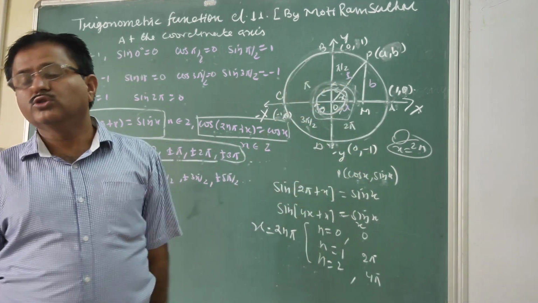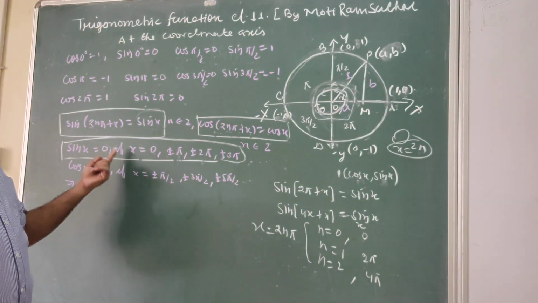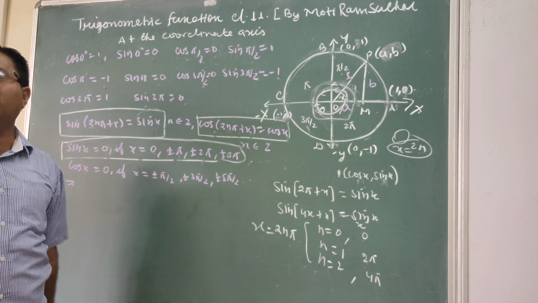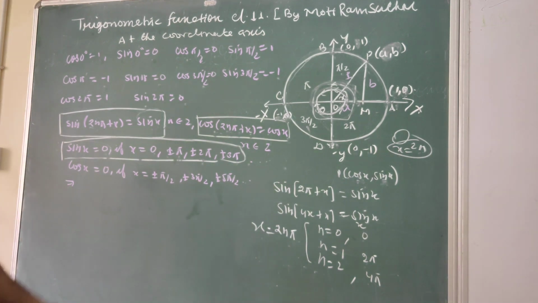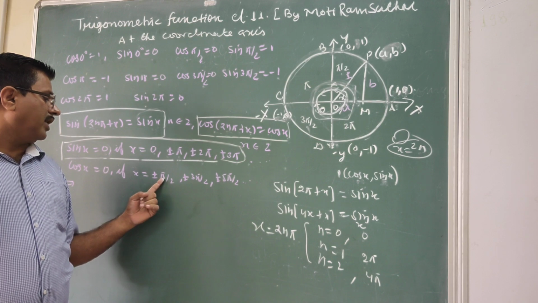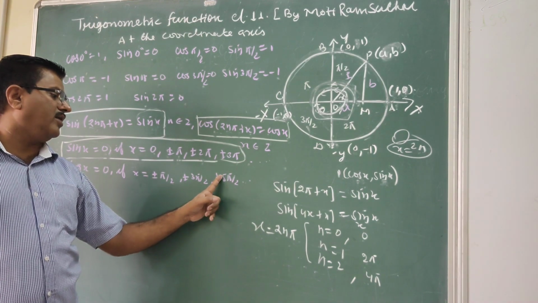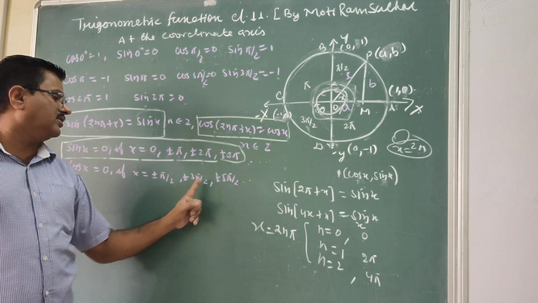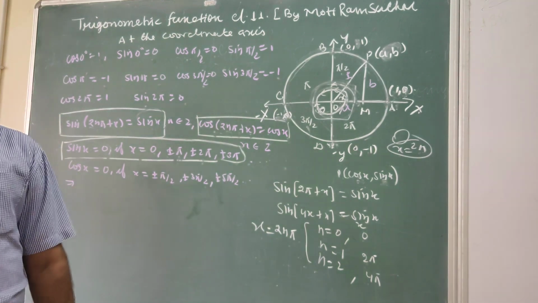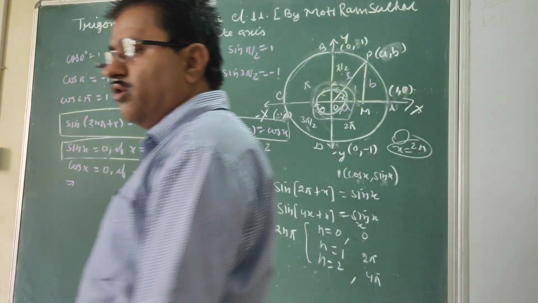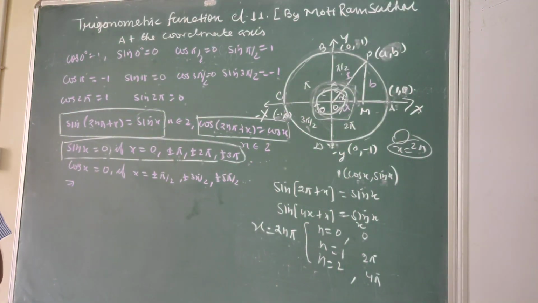And in this way, you can say cos x will be 0 at odd multiples of pi by 2: 1 into pi by 2, 3 into pi by 2, 5 into pi by 2. These are odd numbers 1, 3, 5. So this is the odd multiple of pi by 2. So at all odd multiples of pi by 2, cos x will be 0.